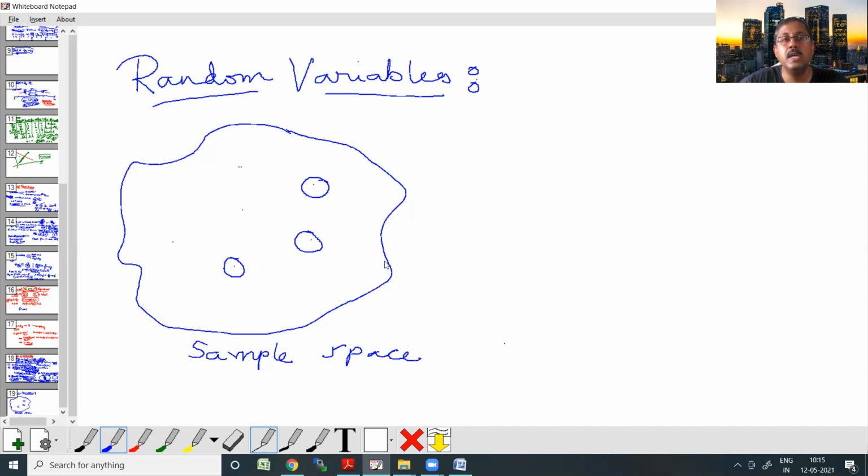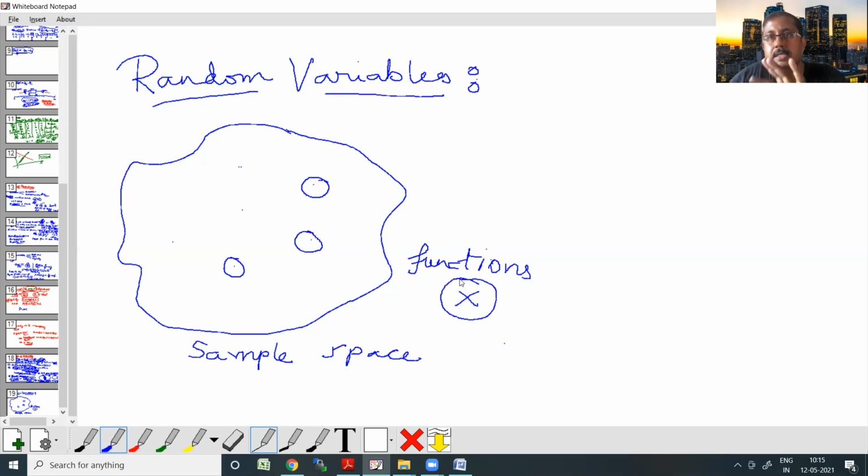We may use specific functions to convert these outcomes into specific number values. These functions are known as random variables, often represented as X.